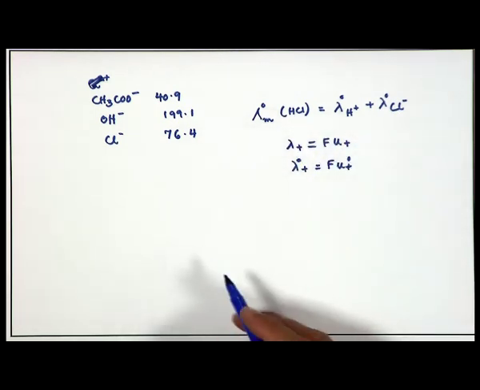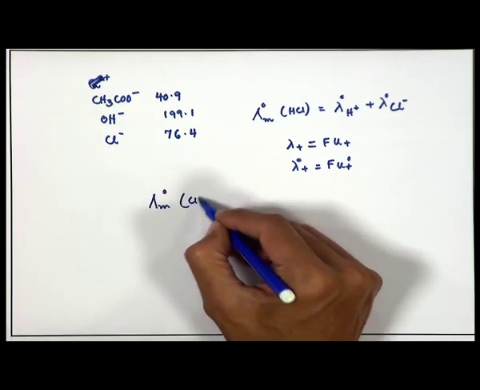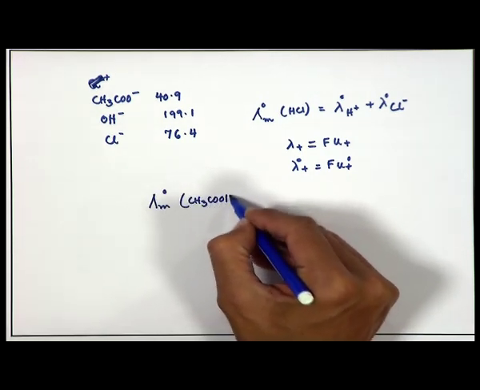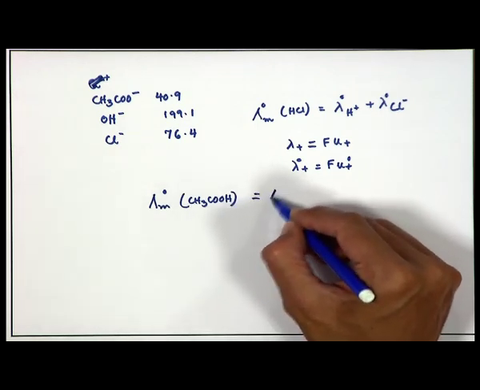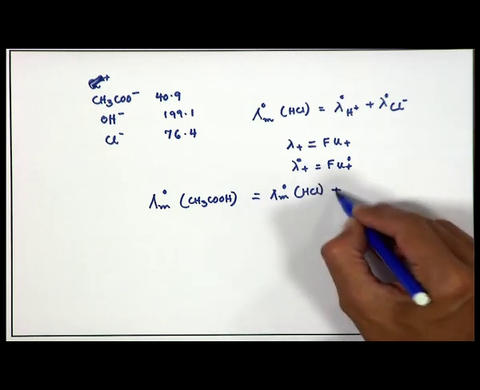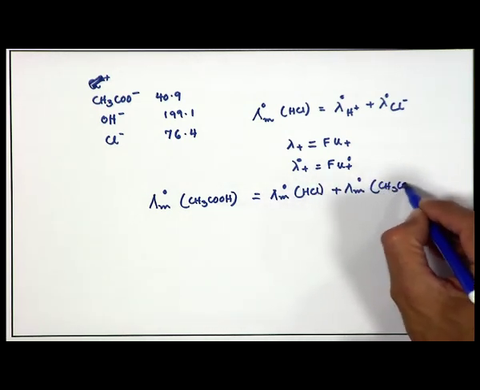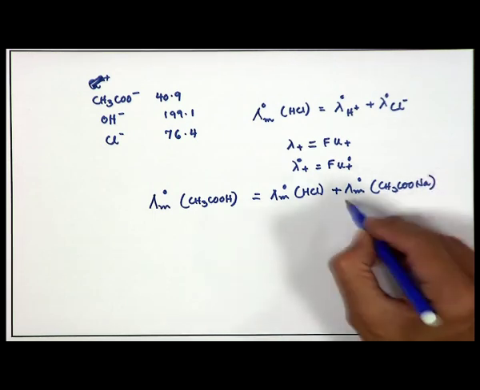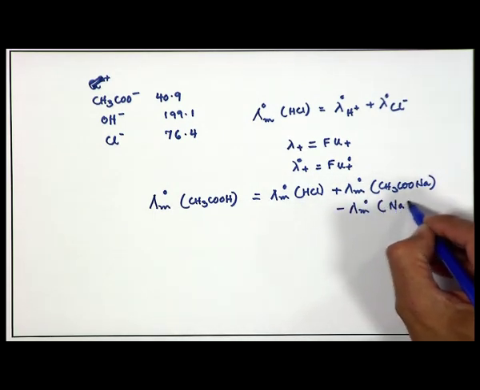So, for lambda m 0 CH3COOH, you are applying this Kohlrausch's law of independent migration of ions: lambda m 0 CH3COO minus Na plus, lambda m 0 HCl minus lambda m 0 NaCl.